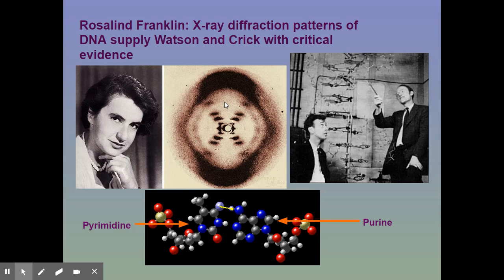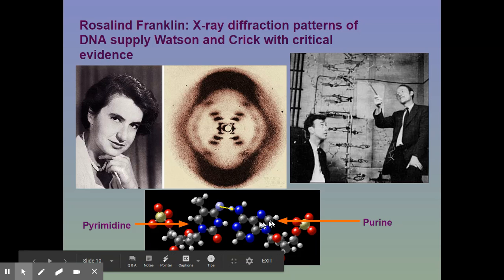Rosalind Franklin, of course, provided the X-ray pictures, which allowed Jim Watson to determine that it was a double helix. It allowed him to figure out how many base pairs there were between each turn of the helix. He figured out there were 10. This is a base pair. We have a purine and a pyrimidine.